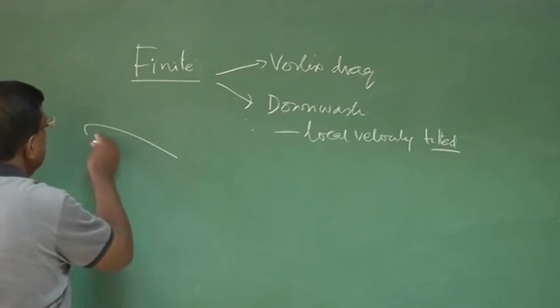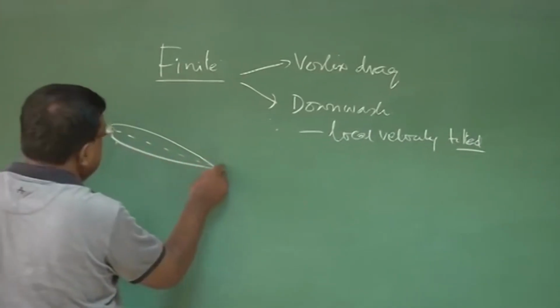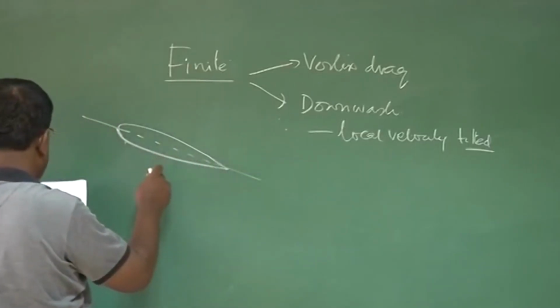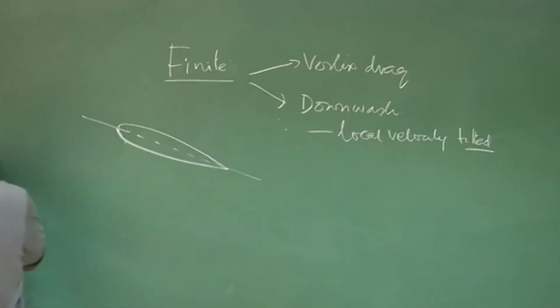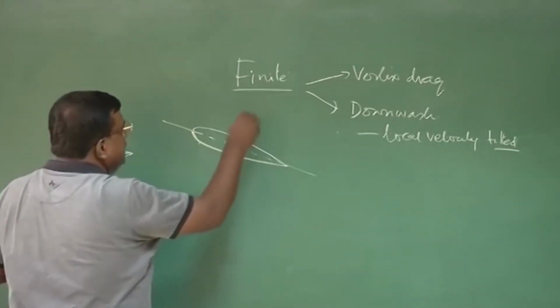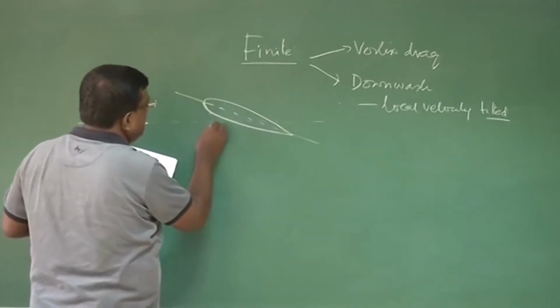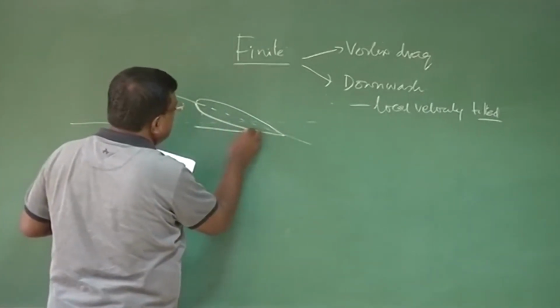This is the wing, and this is the free stream speed or velocity. As it comes close, there is a downwash, so the velocity vector no more remains straight like this; they also get tilted like this.